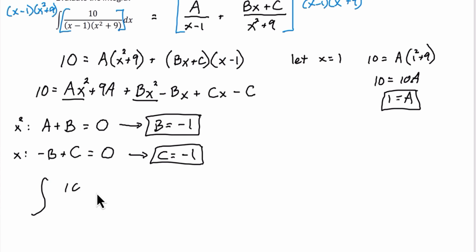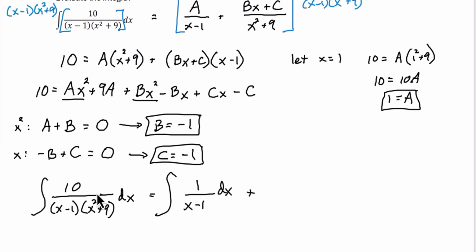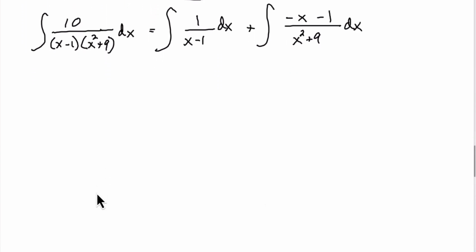We have the integral of 10 divided by x minus 1 times x squared plus 9 equals integral of a, which we found to be 1, divided by x minus 1, plus the integral of bx, which we found to be negative 1, so that's negative x, and c we found to be negative 1, all divided by x squared plus 9 dx. The first integral will be relatively straightforward.